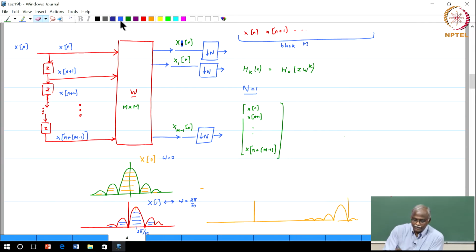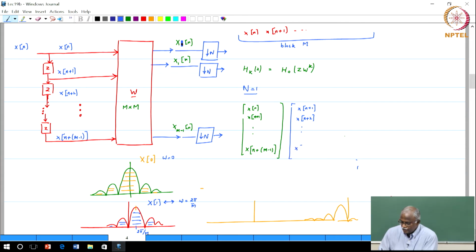So at the next time instant, the vector for which you will be taking the DFT, if you do not do anything in this structure, will be x of n plus 1, x of n plus 2, because all of the samples would have moved by one unit.